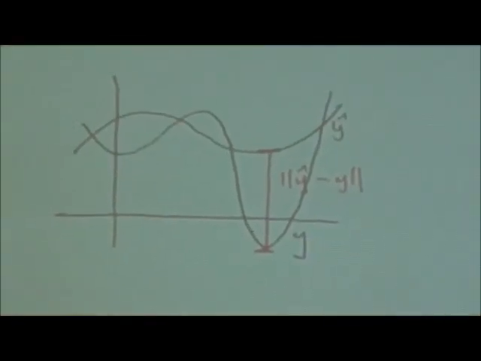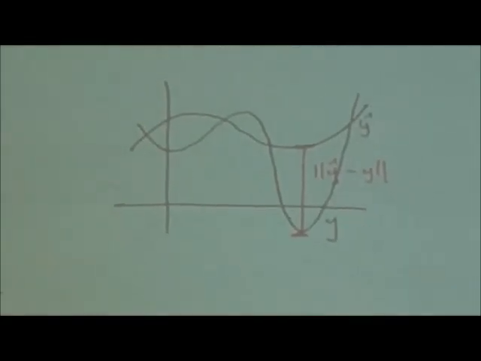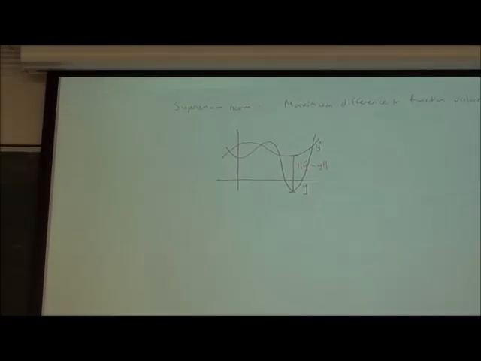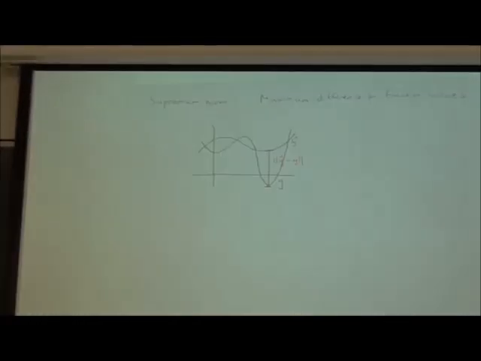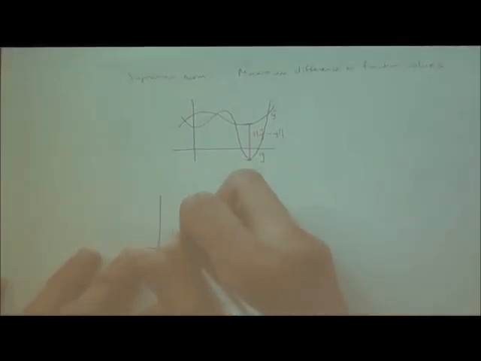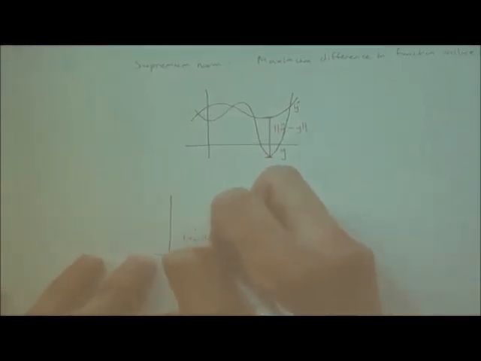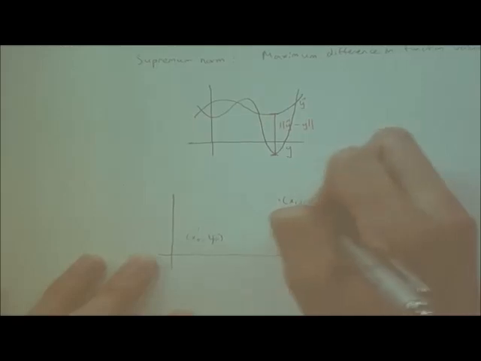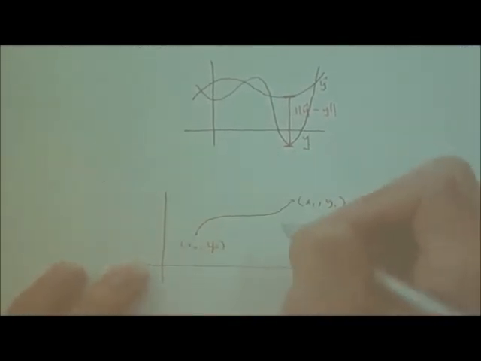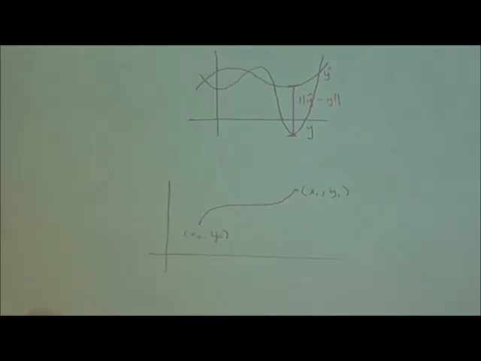And what the condition, the norm of y hat minus y less than epsilon, means in our case is this. Let's say we have our fixed endpoints, (x0, y0) and (x1, y1), and this is our function y. We want to consider a strip of width epsilon above and below y.